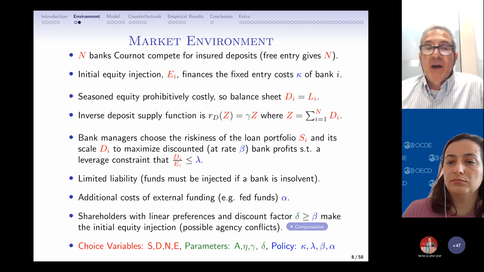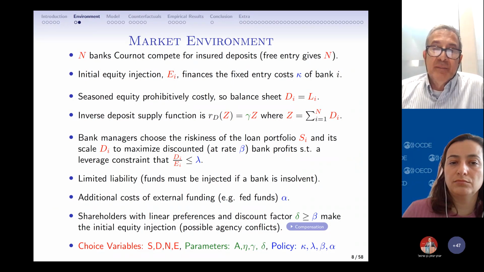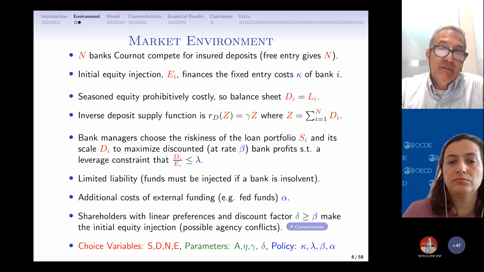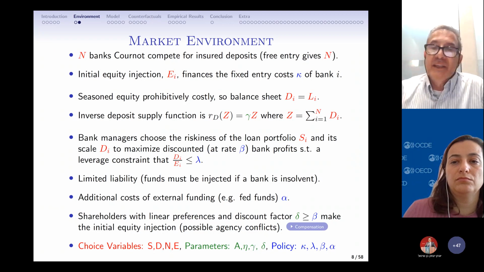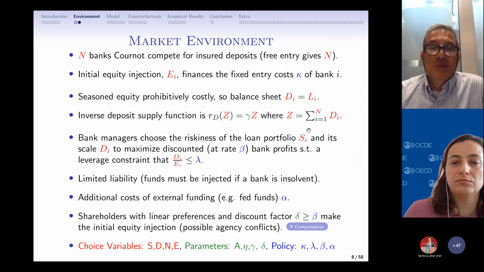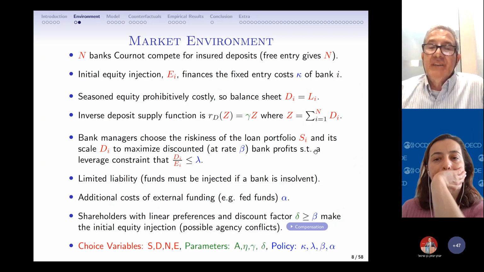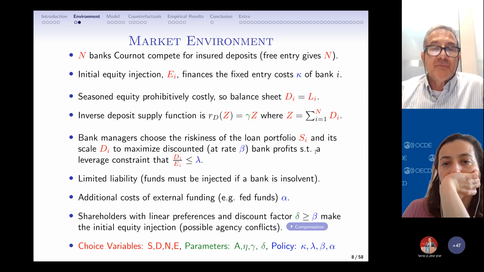In the paper with Pablo, we have seasoned equity that's not prohibitively costly, more along the lines of Joao Gomes's AER paper for non-financial firms, with costly equity issuance and so on. In a more general model, I would do that, but here it keeps the balance sheet really, really simple.